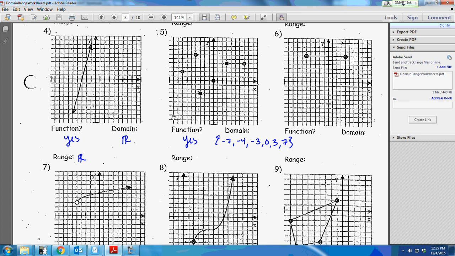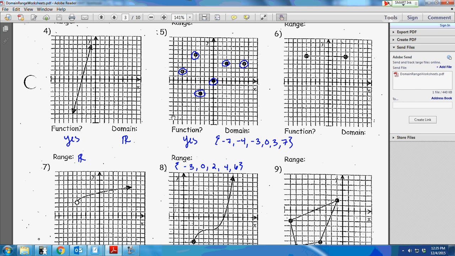What about the range? Same thing, it's the set of all the y values. So -3, 0, 2, 4, and 6. These have the same y value, so you just include it once. Questions about that?